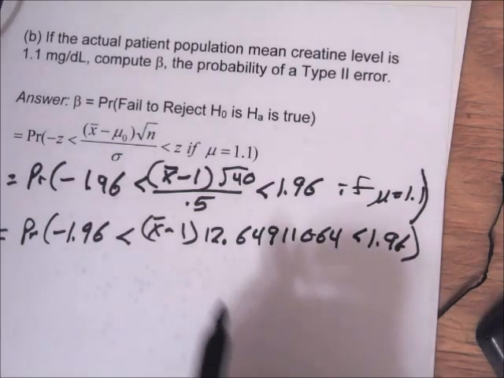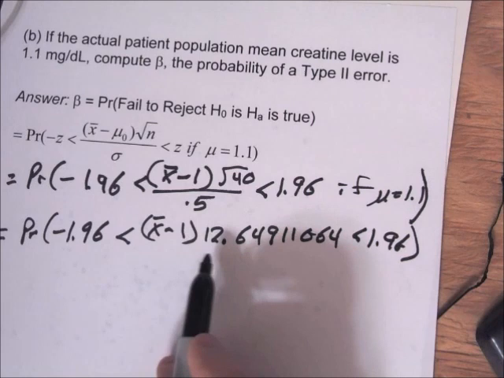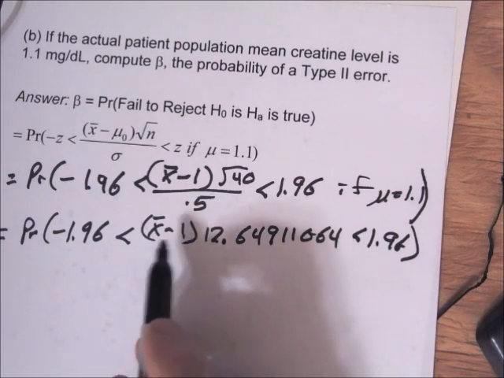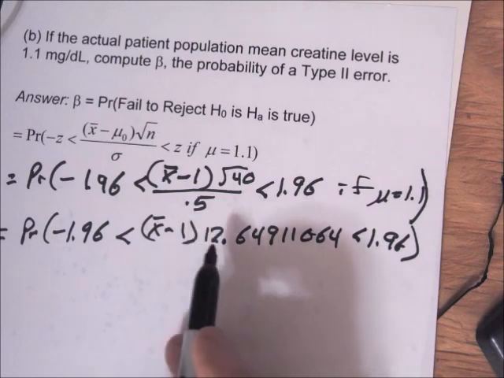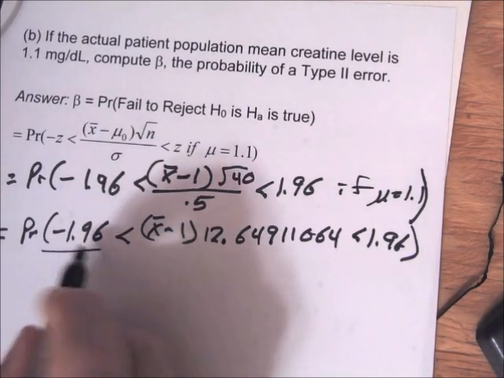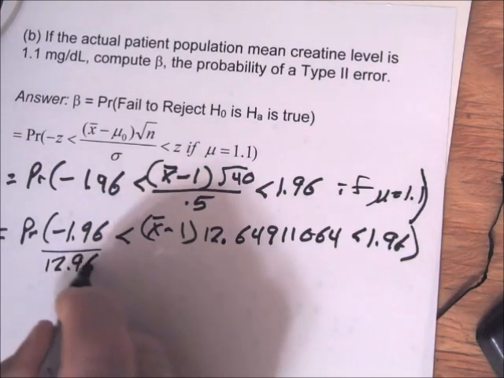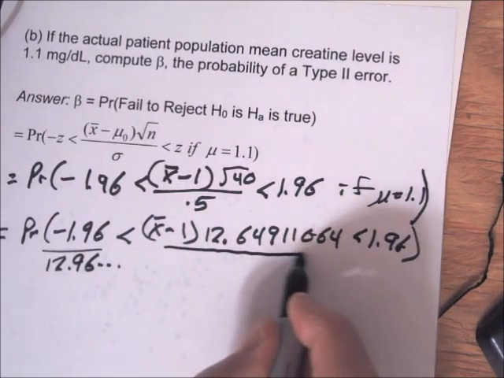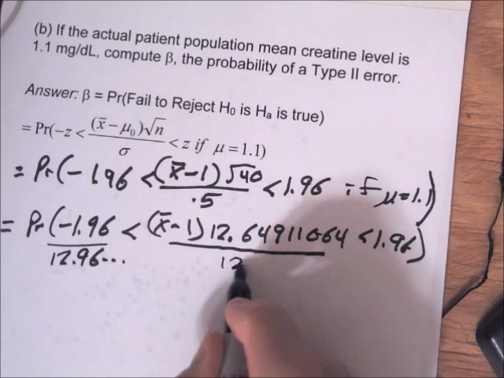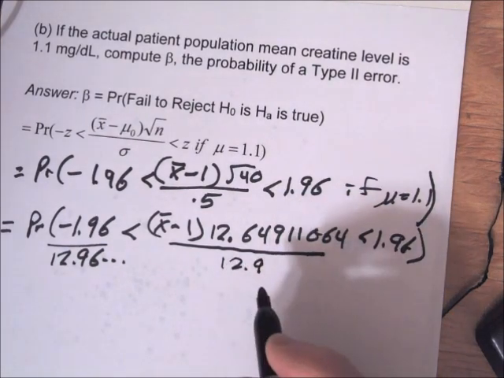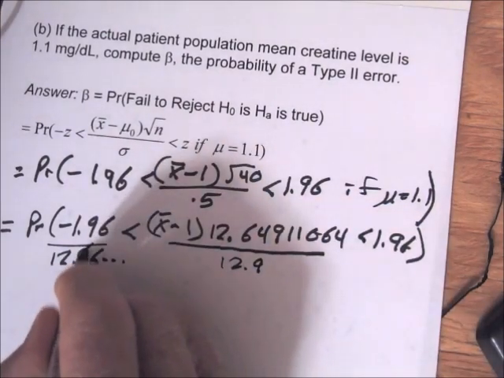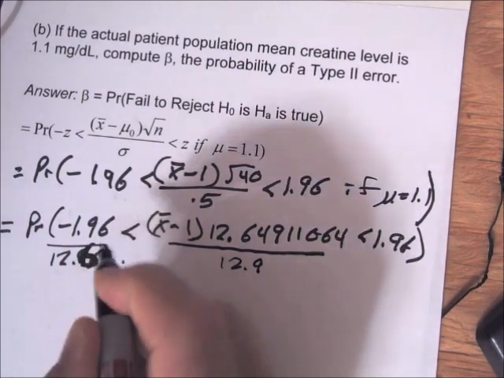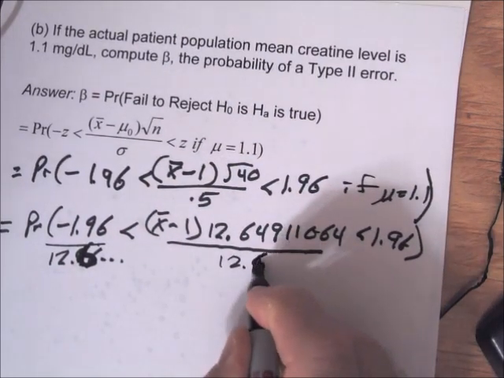Okay, so this is intermediate algebra. We want to solve for x bar, so we want to isolate the x bar. So we divide everything by the 12.6 something. I'll put 3 dots. I won't write out the whole thing. Just divide each piece by the 12.6 something.